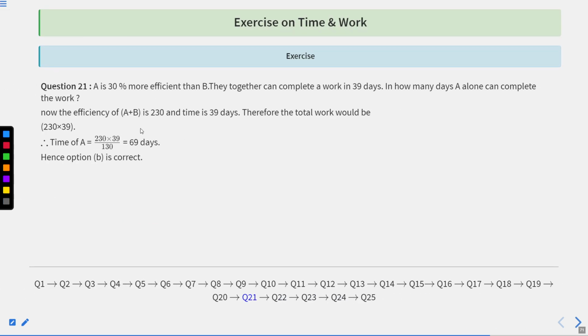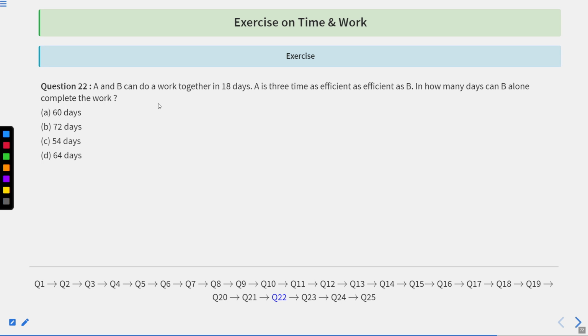Now the efficiency of A plus B is 230 and time is 39. Therefore, the total work would be 230 times 39. Therefore, the time of A is 230 times 39 upon 130, that is 69 days. Hence, the correct option here is option B.